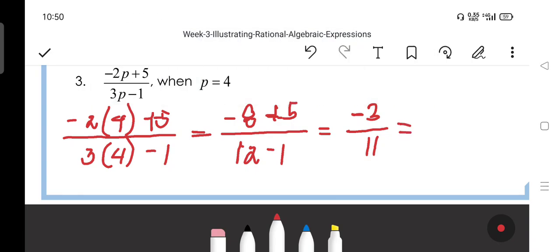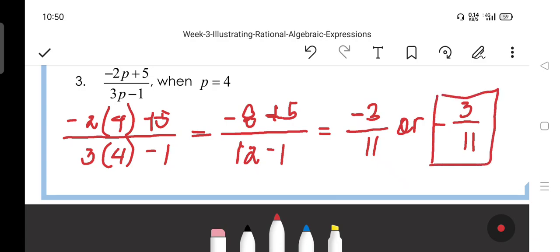Then, since the numerator is negative, we can write this as negative 3, writing the negative in between, over 11. So the answer for number 3 is negative 3 over 11.